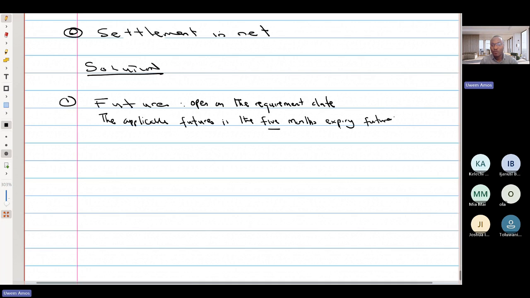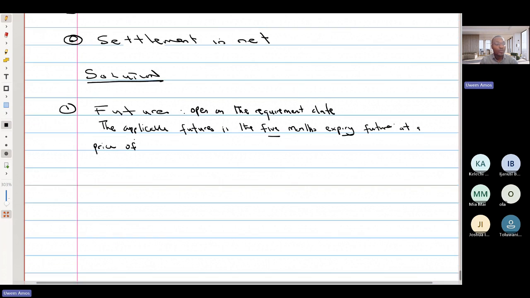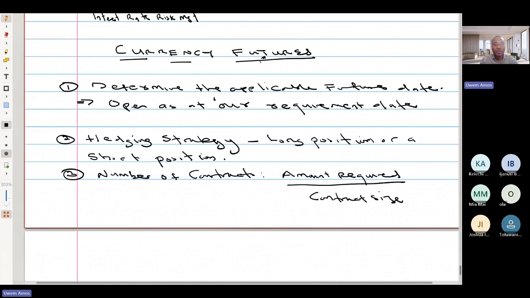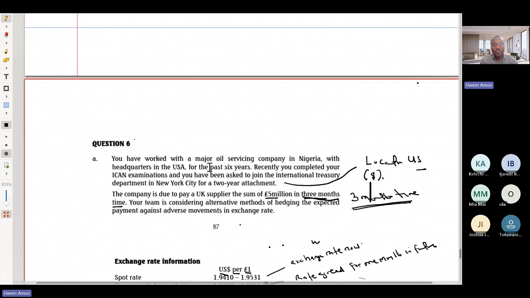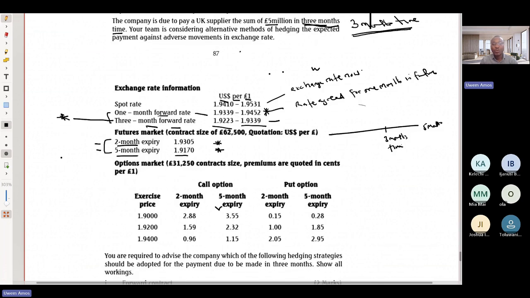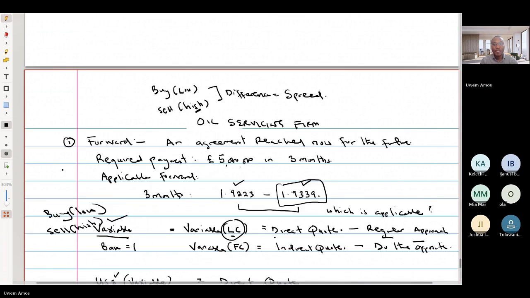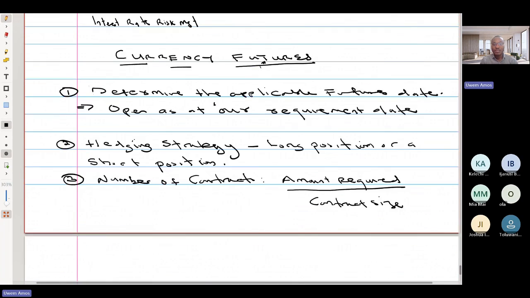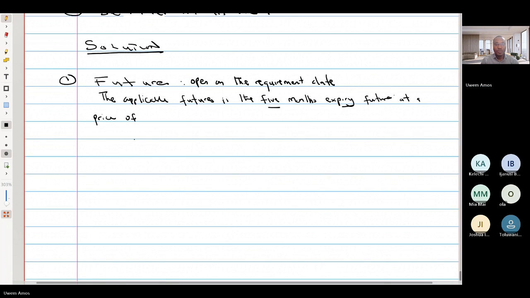So that is our applicable future at a price. What is the price of that future? Let's quickly pull the price of that future from the market. From our question, the price for the 5-month future is 1.9170. So that's the future we would buy, because that's the one that is still open.